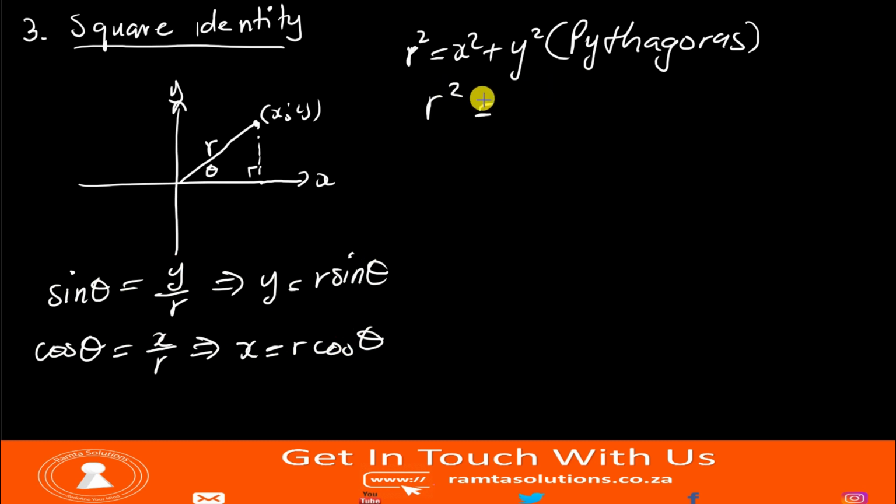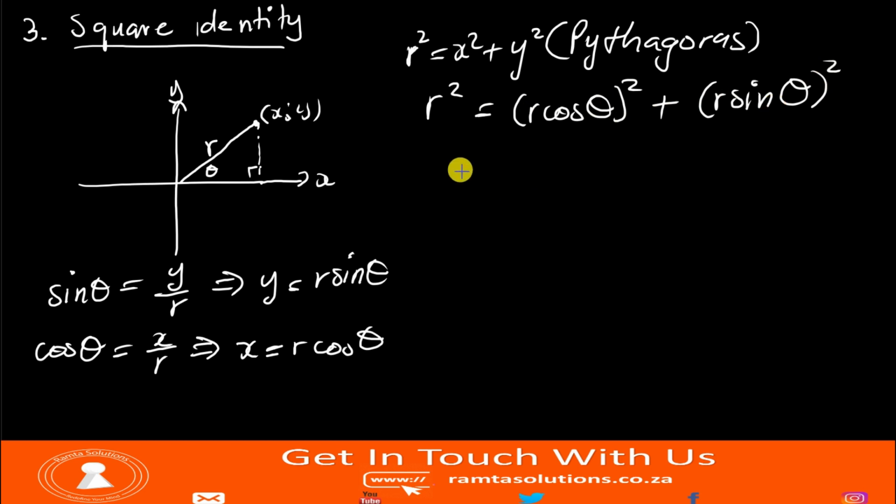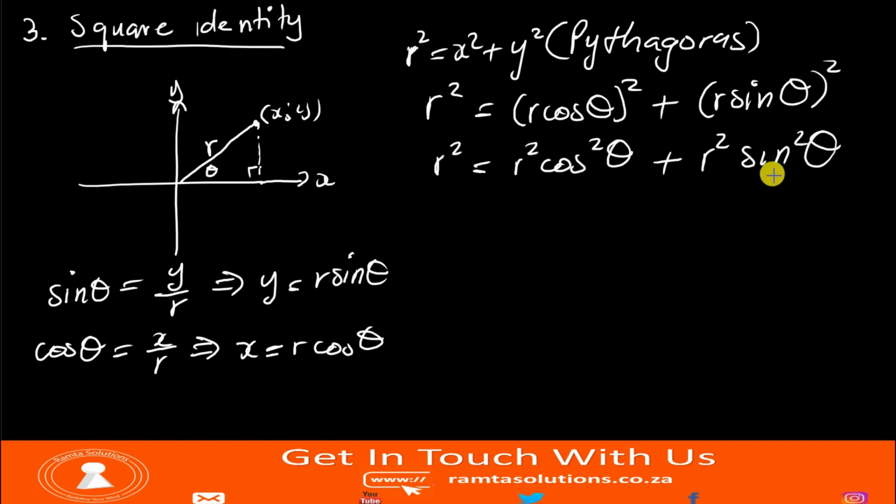r squared equals, what is x? It is (r cos theta) squared. What is y? Remember, put it in a bracket. It is (r sine theta). Now square it. What do we have? We have r squared equals r squared cos squared theta plus r squared sine squared theta. Right?